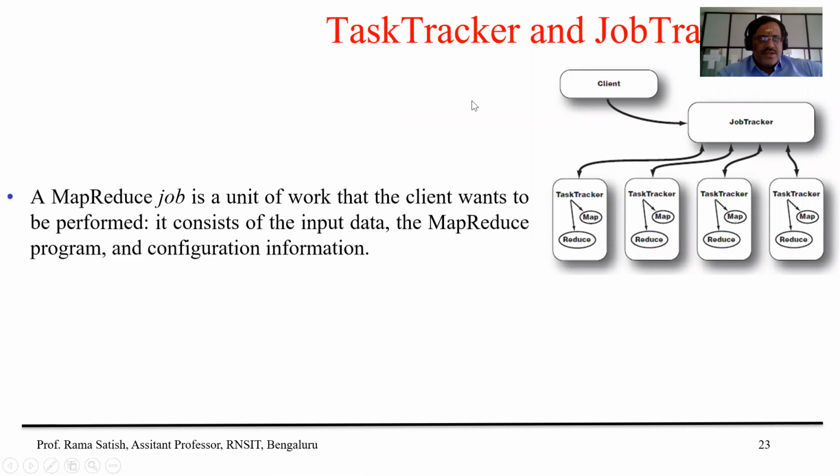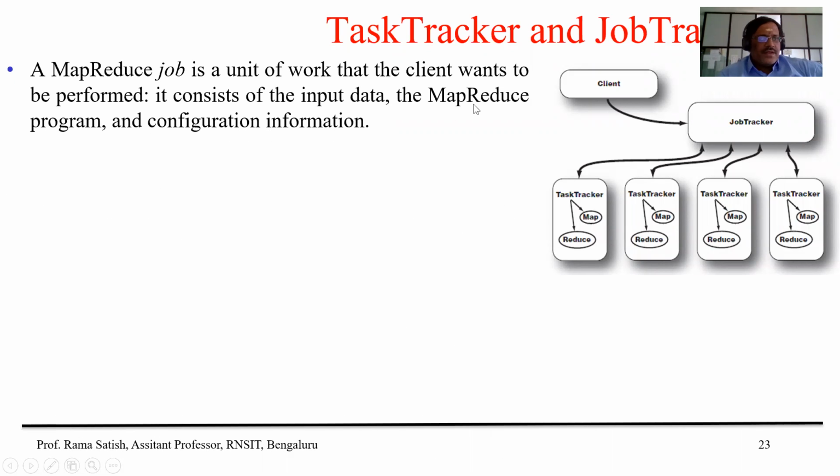So look at the first point. The MapReduce job is a unit of work. It's a piece of work that the client wants to be performed. It consists of the input data, the MapReduce program, and configuration information. So it has all these things.